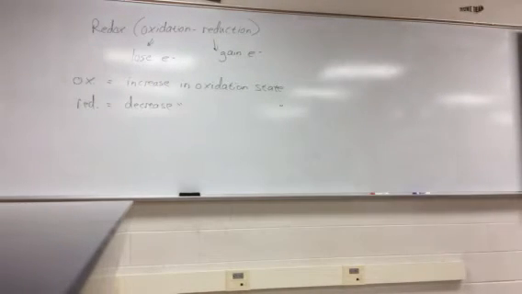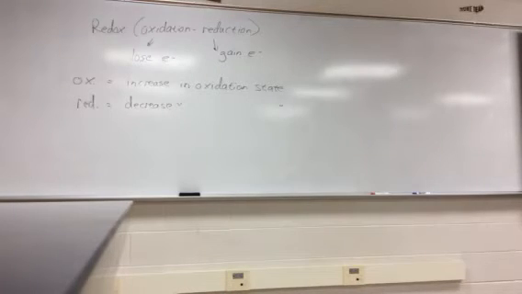Reduction would be the opposite, a lowering of the oxidation state. And that gets us the ability to track the electron flow. We can look and see who increased, who went down, and figure out how many electrons have been transferred. That's really the heart and soul of a redox reaction.